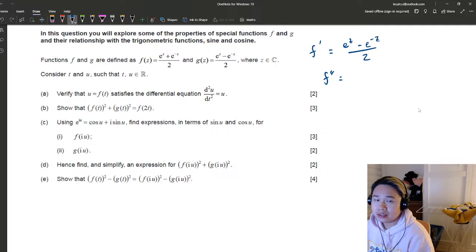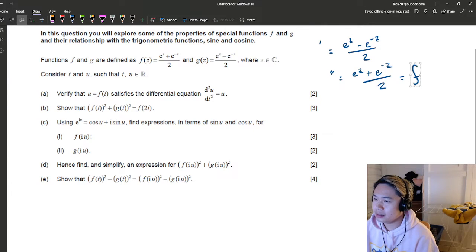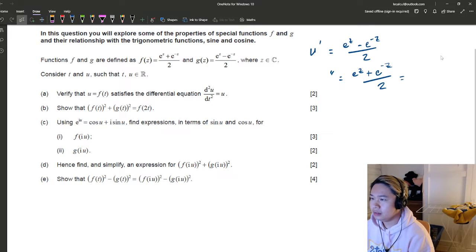F double prime is e to the z plus e to the negative z over 2, which is equal to f. I guess I should call it u for the sake of consistency, but okay, that's pretty easy.